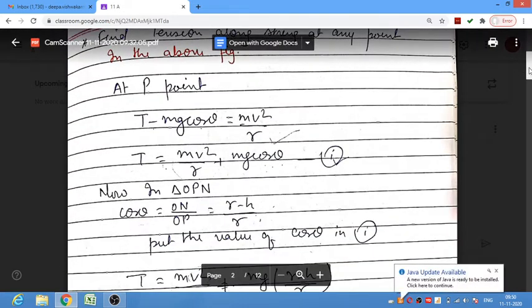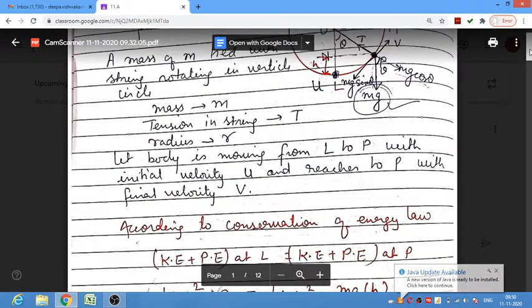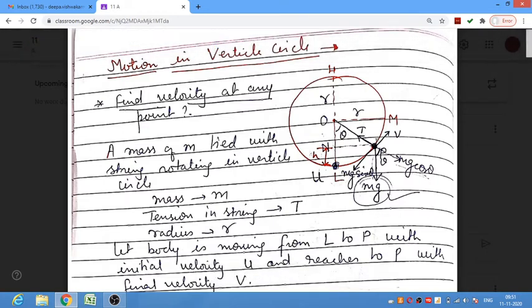Now by using trigonometry, by using the triangle OPN, we will find the value of cos theta. So cos theta is equal to base upon hypotenuse, that is ON upon OP. Then the value of ON will be r minus h, because OL is r and NL is h.